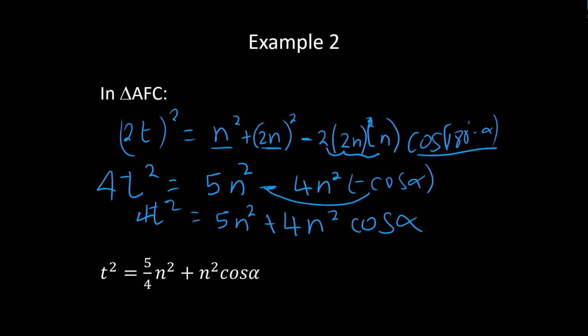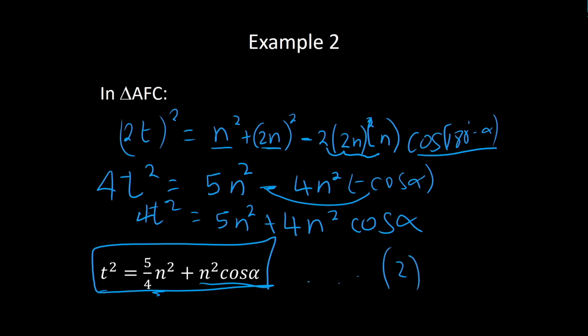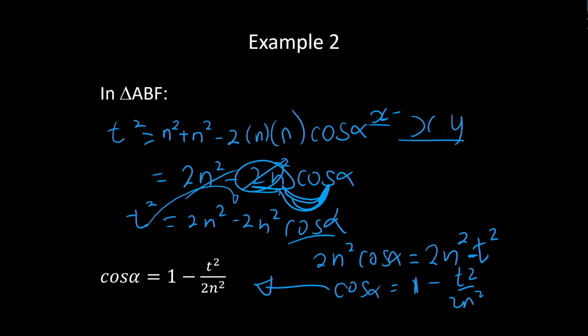All right, and then if we isolate the t squared by dividing through by the 4, we end up with t squared is equal to 5 over 4n squared plus n squared cos alpha. So I've got this equation, which I'm going to call equation 2. And then before, we saw that cos of alpha was equal to 1 minus t squared over 2n squared, which you can call equation 1.